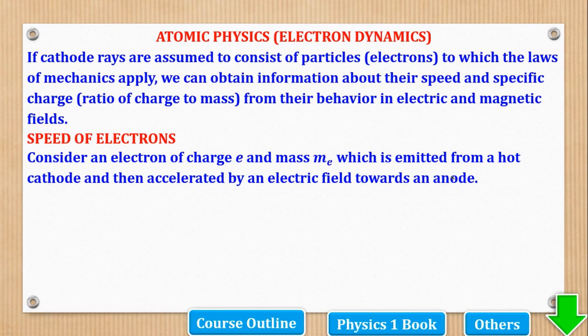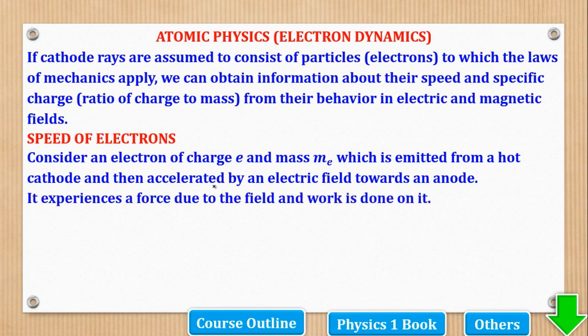That's what enables the electrons to be accelerated, and that field is produced by what we call the accelerating PD. I think you remember when we looked at X-rays, the accelerating PD between the anode and the cathode, V_AK. We are going to also use it here in our part on speed of electrons.